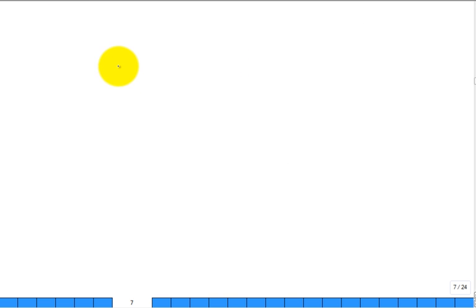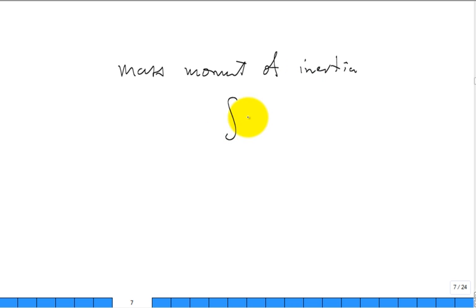There's something called the mass moment of inertia. I said I wouldn't get to it today, but I'm going to say that it's the integral of y squared dm. Not dA, dm. What do you think the m in the dm stands for? Mass. True?